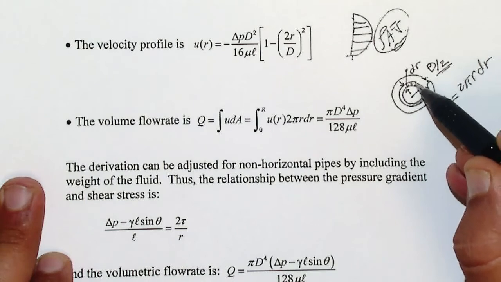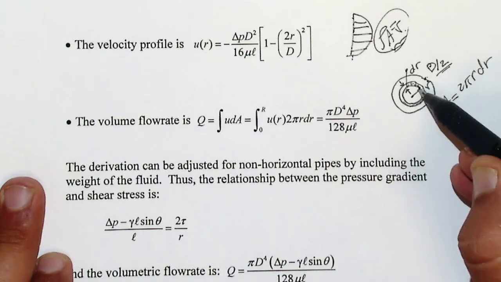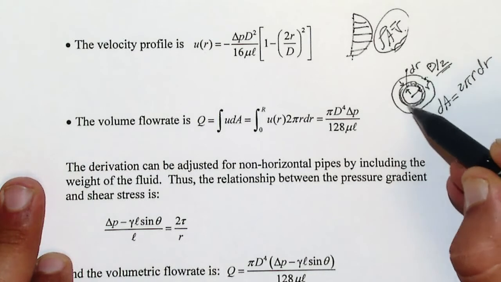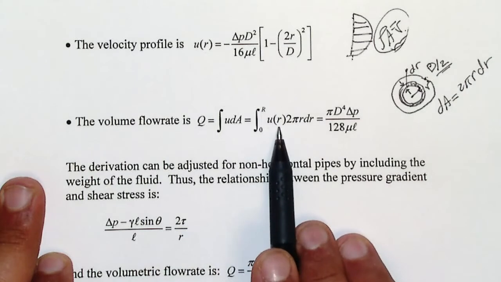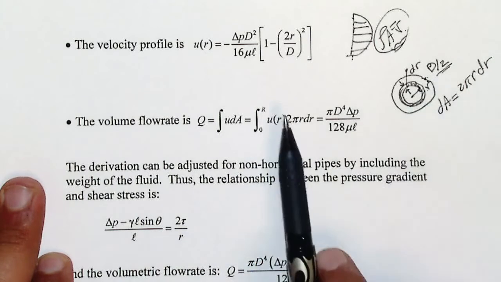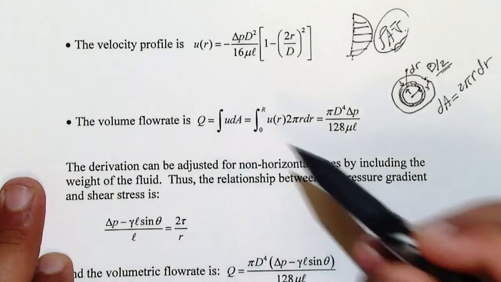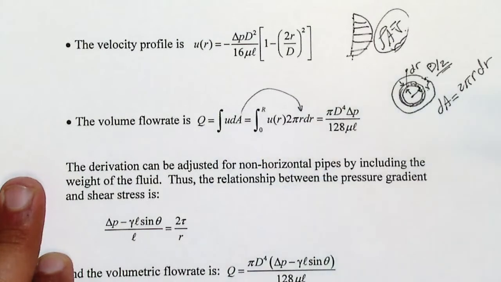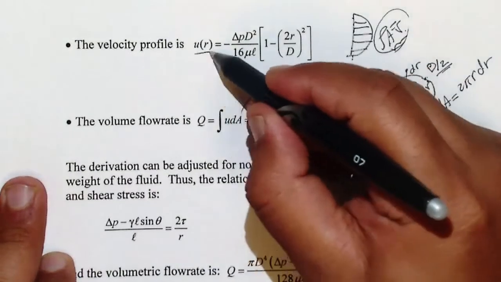You know that the velocity over the shell is constant, because r is constant, and it's not a function of theta, right? So u_r at a specific r, with thickness dr for dA. Replacing dA with 2 pi r dr and taking the integral, we will find Q, replacing u_r with this equation.